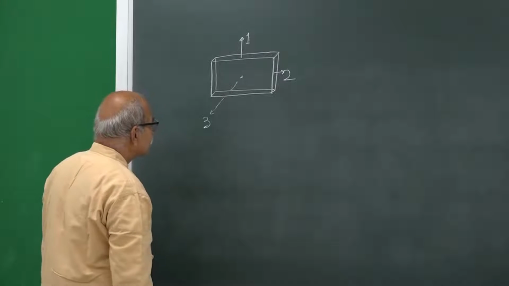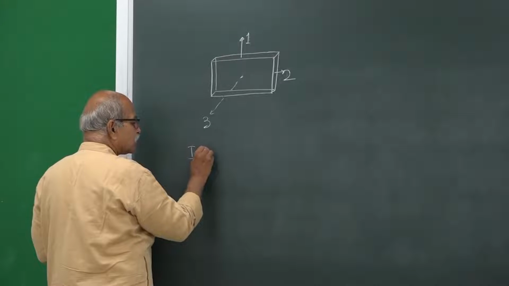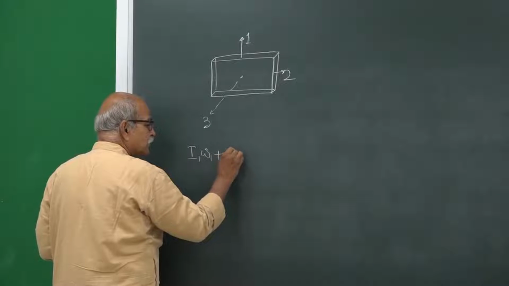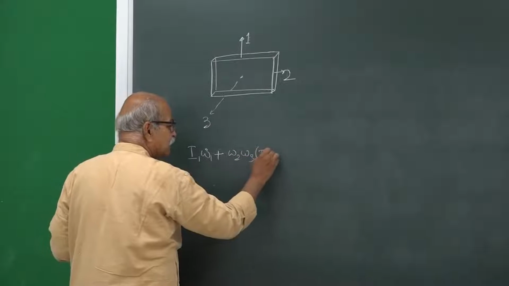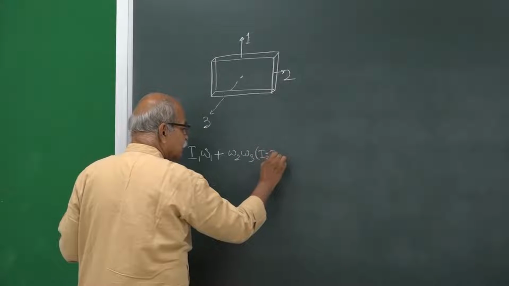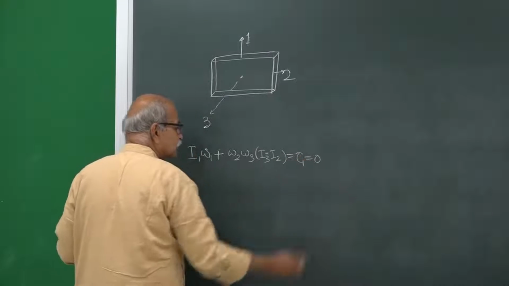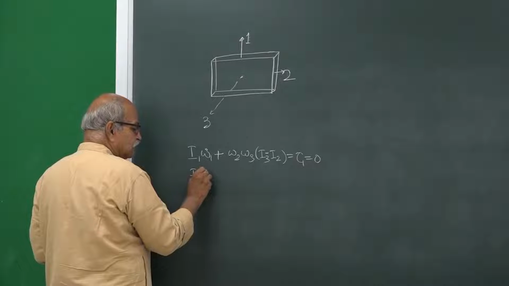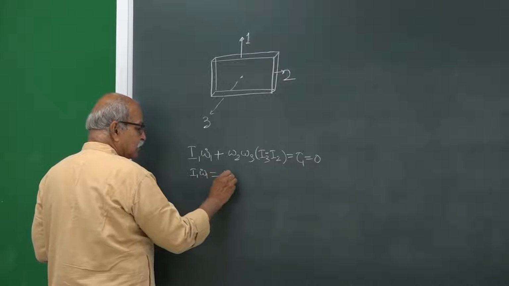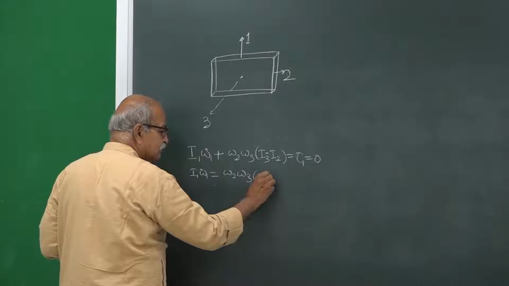So, I can write the Euler's equation: I1 omega 1 dot plus omega 2 omega 3 times (I3 minus I2) is equal to tau 1, which is 0. We do not have any torque. So, I1 omega 1 dot is equal to omega 2 omega 3 (I2 minus I3).